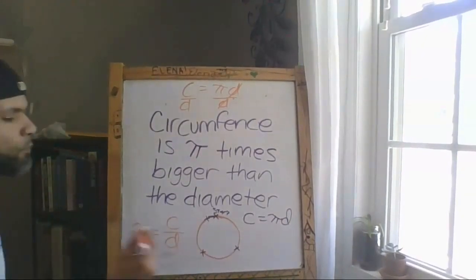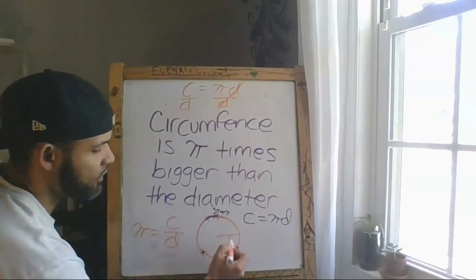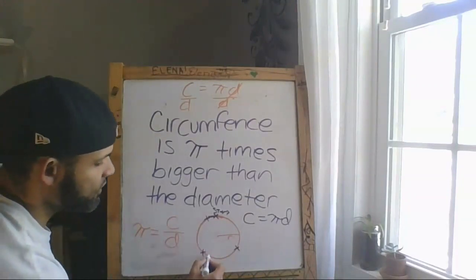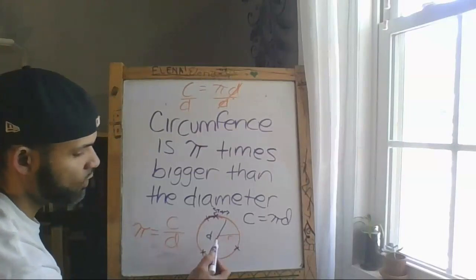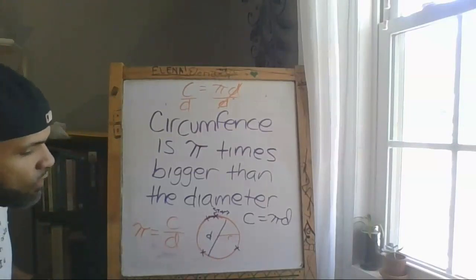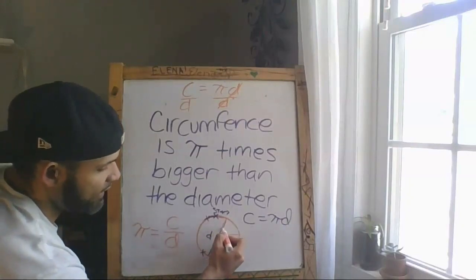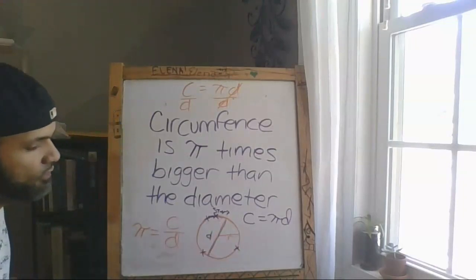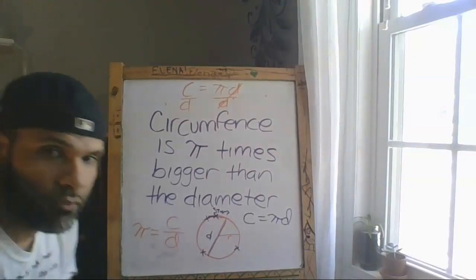Also, the radius, again this is R, and the diameter goes through the center. That's your diameter. And what we learned also is that 2 radiuses will give you a diameter, and half a diameter will give you a radius.